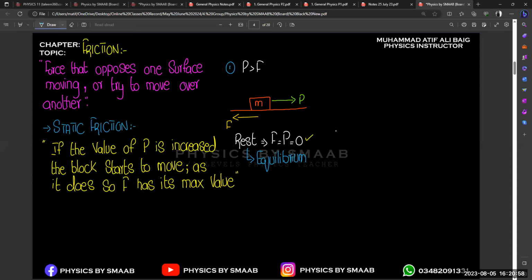And the next concept that you mentioned about the constant speed, that concept is related to the dynamic friction.